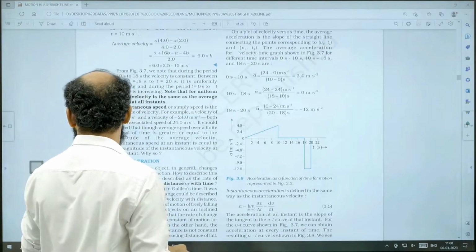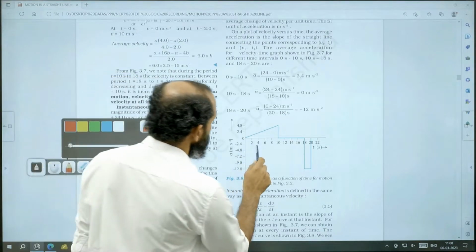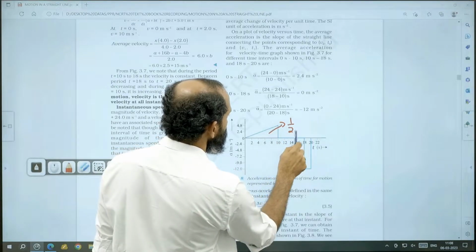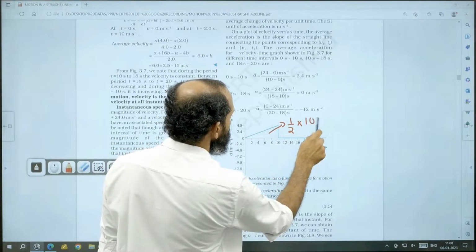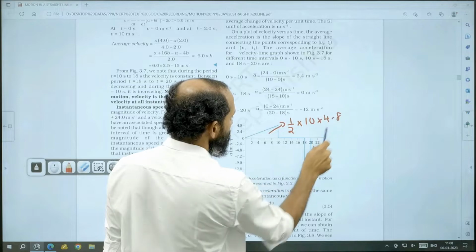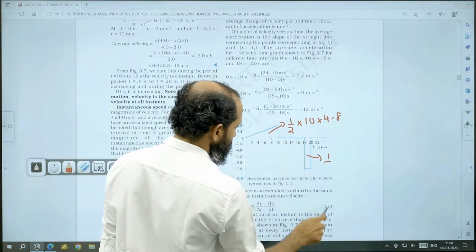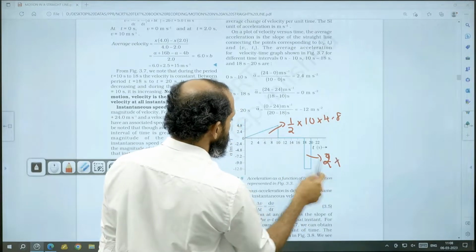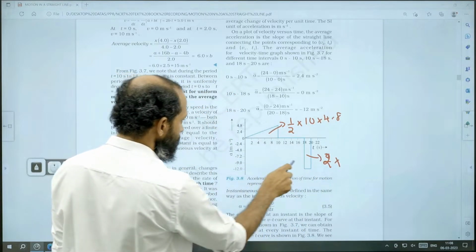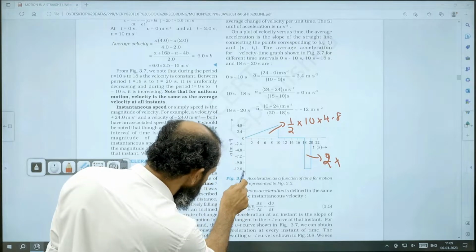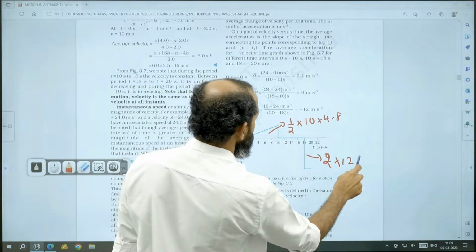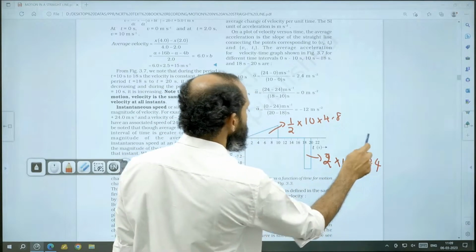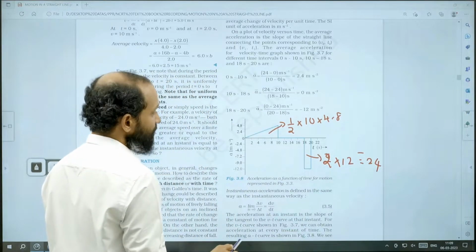What is the area under the upper part of the graph? Upper part area, half into base into altitude. Lower part area, length into breadth. What is the length? 2. What is the breadth? Breadth is this height. It's approximately up to 12. So that is 24 with a minus sign because that is the negative area.